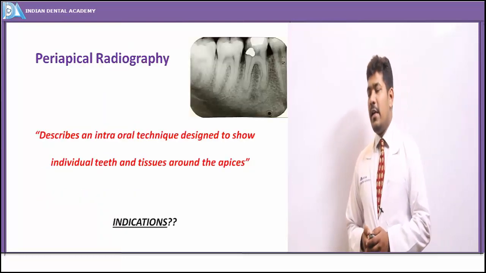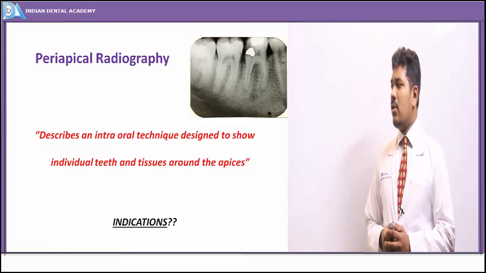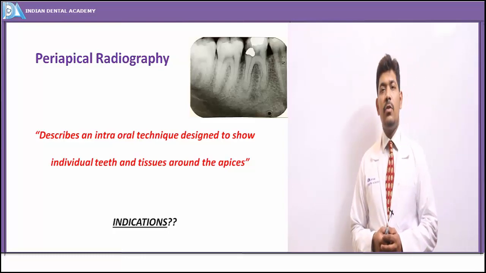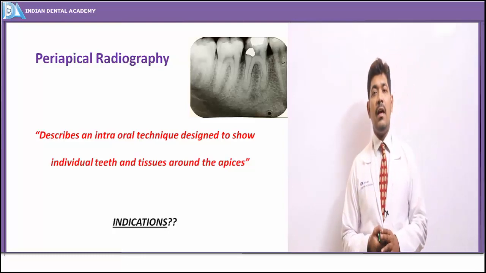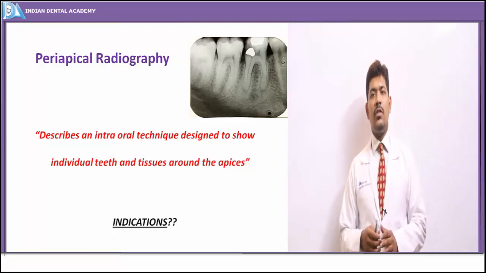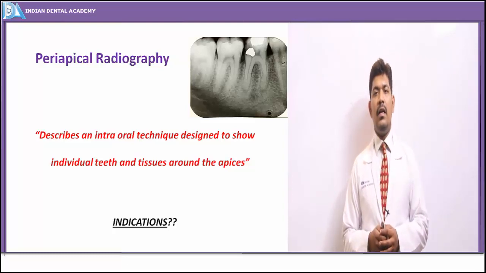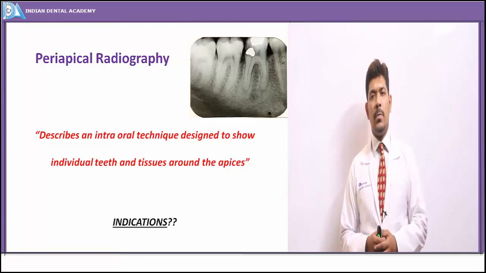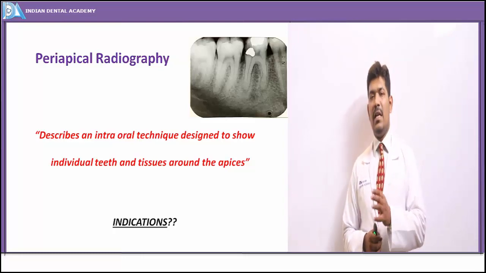So what is periapical radiography? This is defined as an intraoral technique designed to show the individual teeth and the tissues around the apices. The word apices is the most important here because this is where the utility of this radiograph comes into play, that is the periapex region.